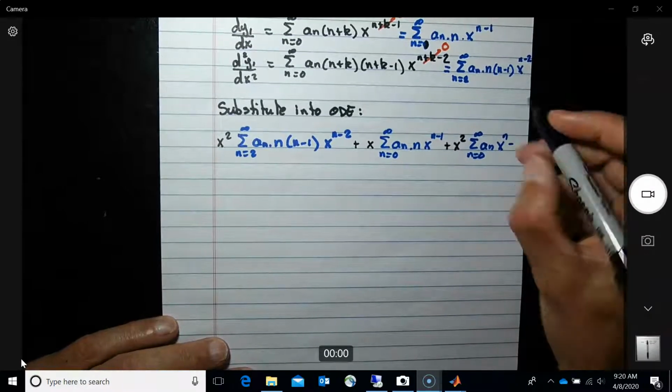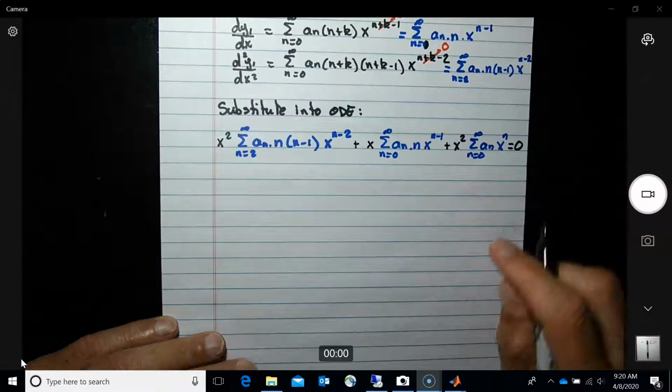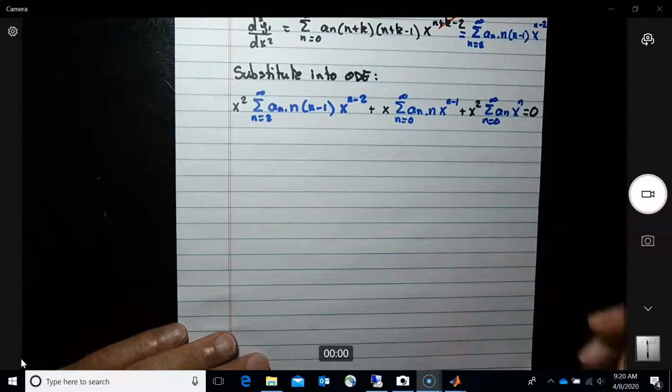So basically you see that now this becomes just like the Legendre method, okay, once you go to the second step.